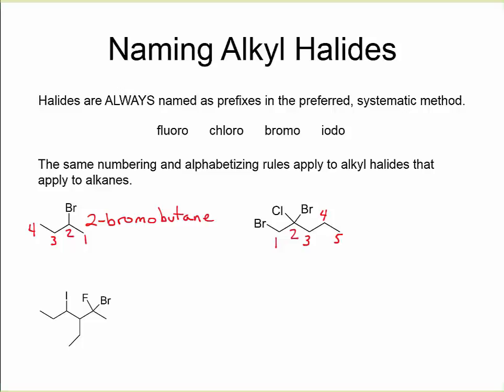And I see that I have a dibromo and I have a chloro, and the root is a pentane. I alphabetize by the B of the dibromo. So this would be 1,2-dibromo, 2-chloro, pentane.